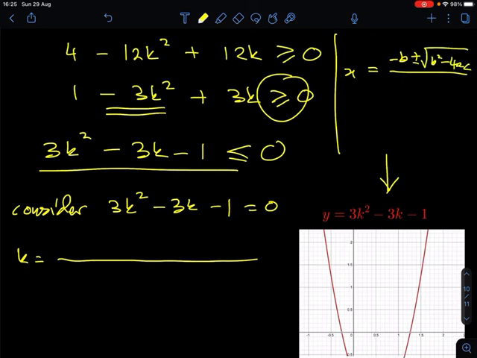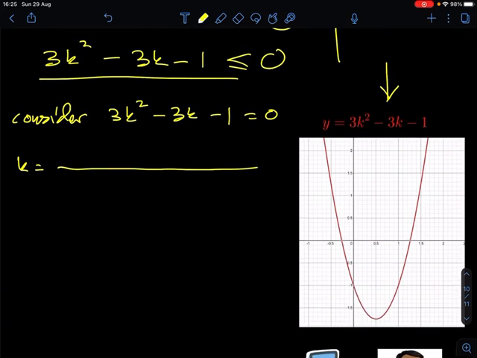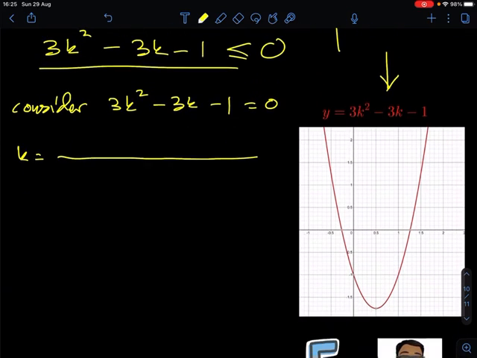We use this to find the roots. So k equals minus bracket minus 3, plus minus square root of negative 3 bracket squared minus 4, a is 3, c is negative 1.